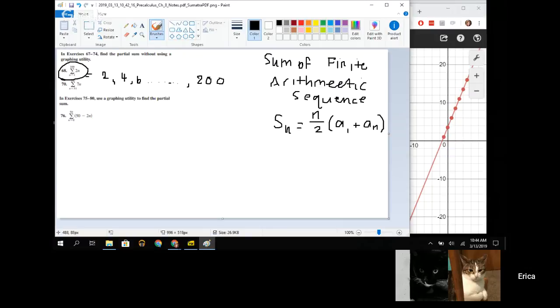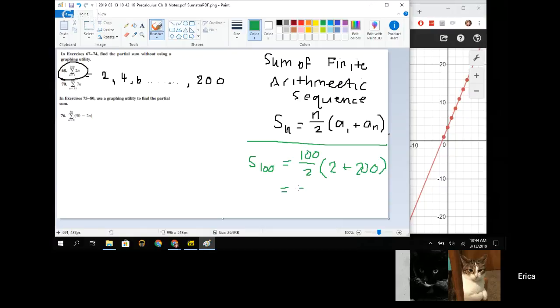So if you want to add all those numbers up, there's a formula to do it, which is the sum of the arithmetic sequence. So what I'm saying is I want the sum of all the numbers to 100. All right. So I have 100 numbers divided by 2, and then I add together the first term plus the last term.